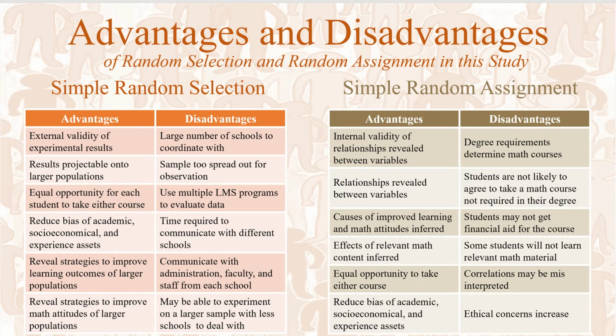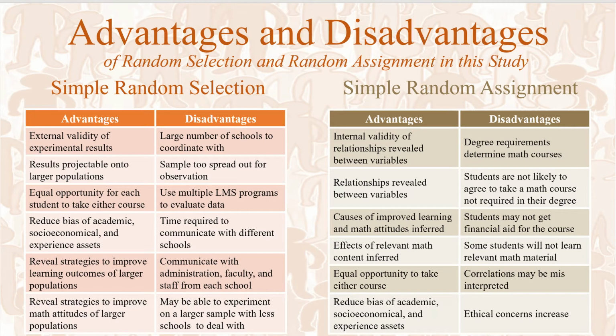Another advantage of simple random selection is that each student has an equal opportunity to participate in the study, reducing bias and reducing the possibility of some part of the population being either under or overly represented. When each member of the population is equally represented, then bias is highly reduced.